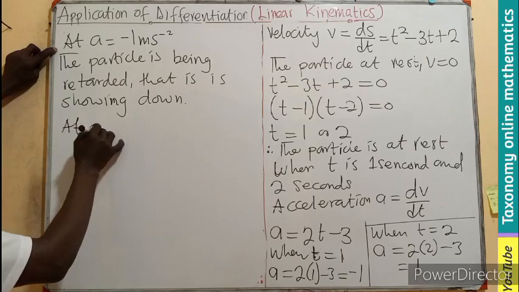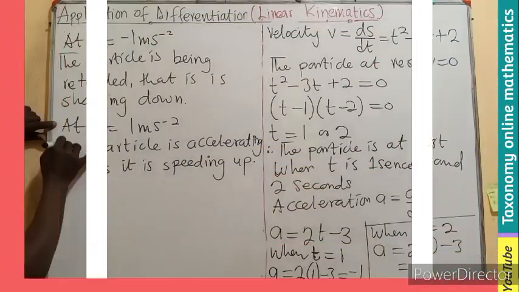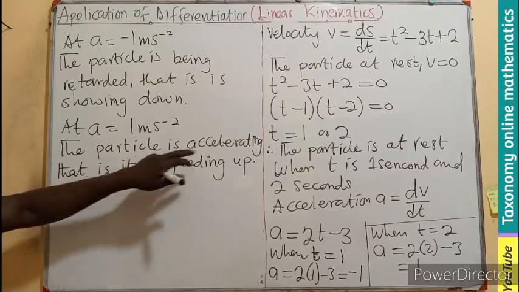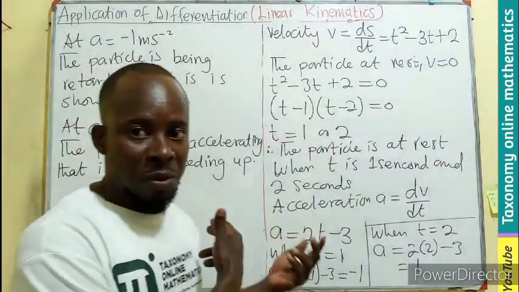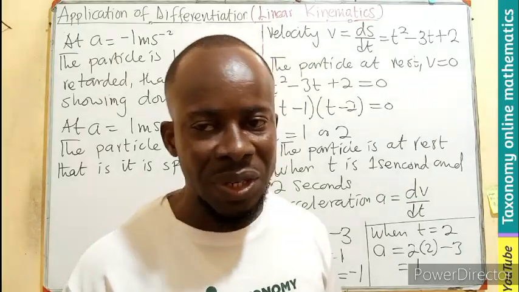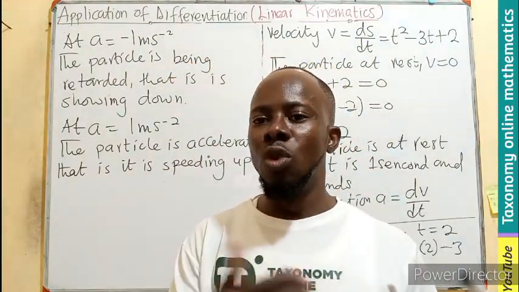Then at a equals 1 meter per second squared, the particle is accelerating, that is, it is speeding up. So remember, positive means acceleration, negative means retardation, or better still, slowing down.